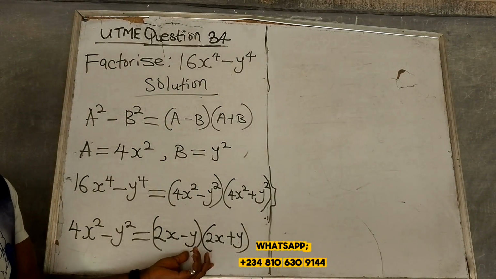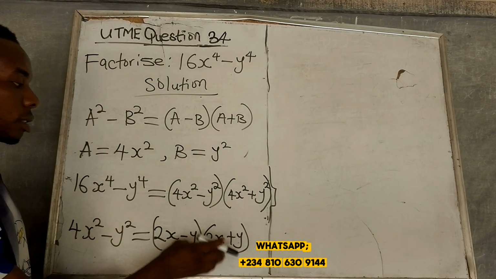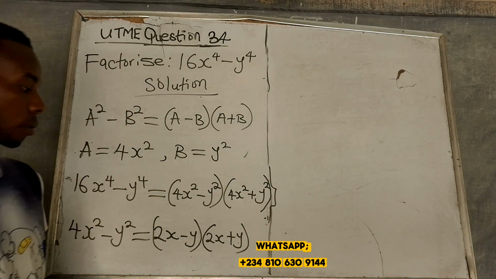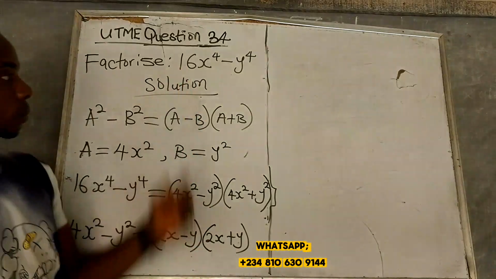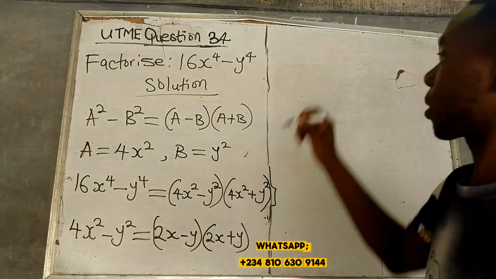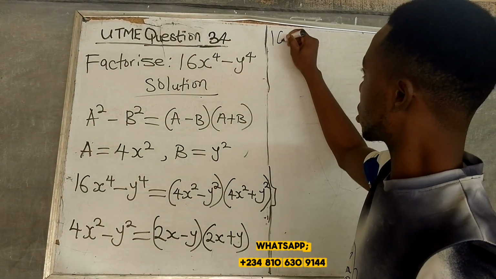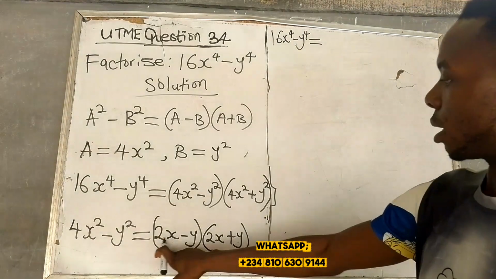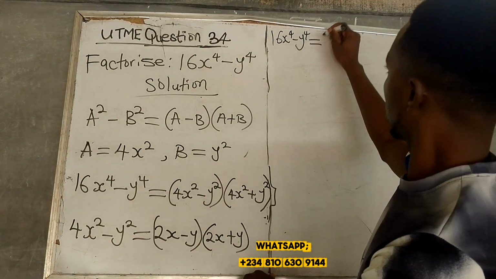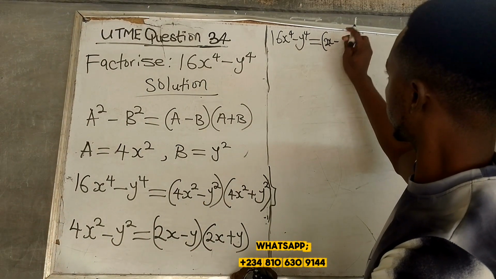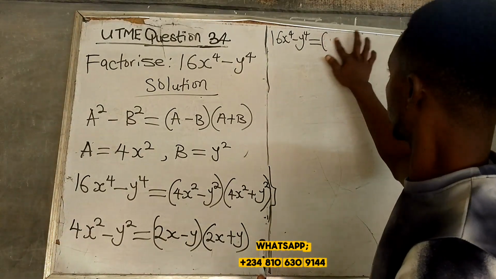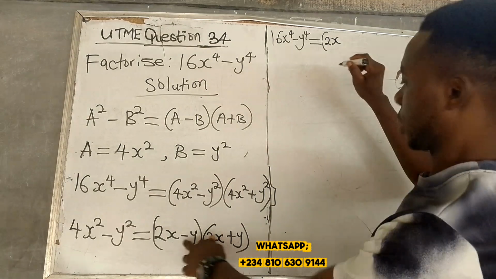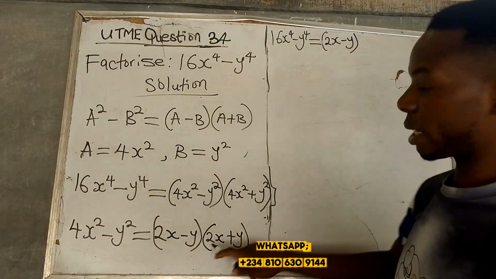Now, since this is equal to this, then instead of putting this here, I'll put it here. I'm done with my question. I'll write that 16x raised to the power of 4 minus y raised to the power of 4 is equal to 2x minus y, close the bracket.